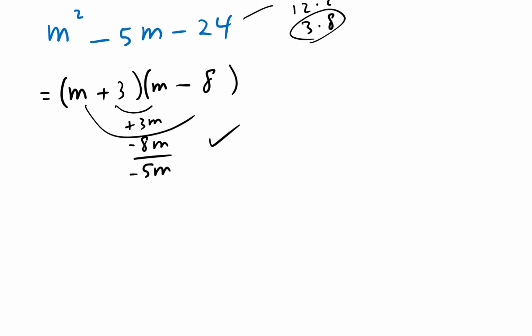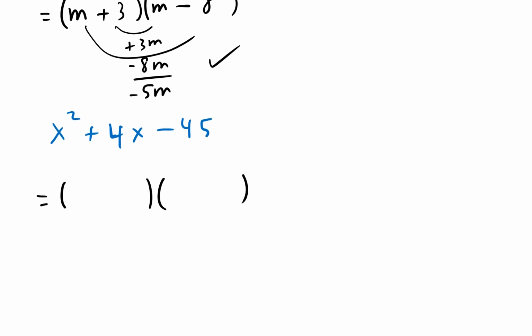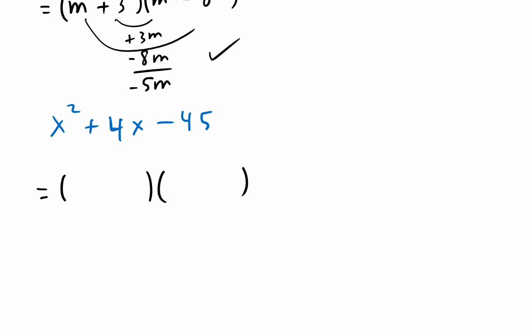I'll give more examples. How about if we have x squared plus 4x minus 45. Again, pause the video, try it on your own before we show you the solutions.